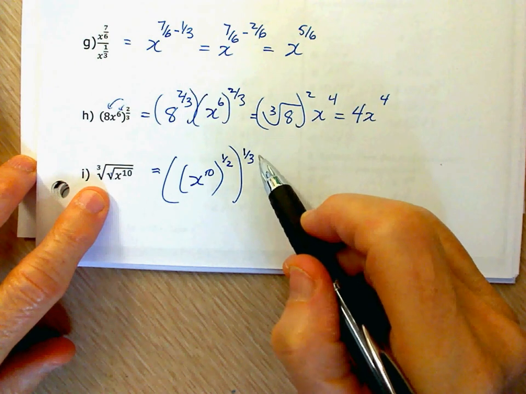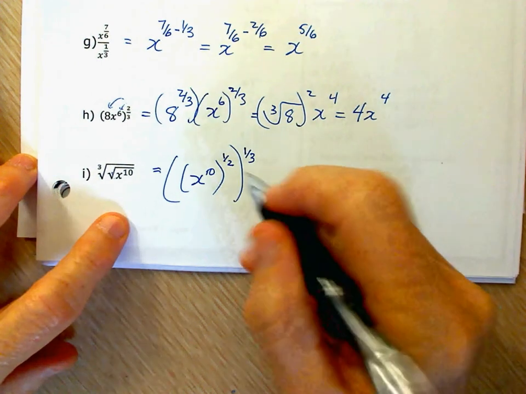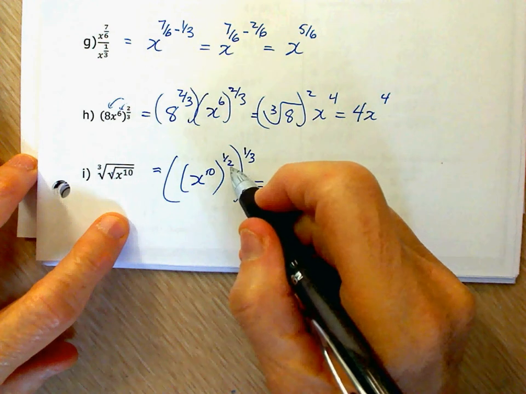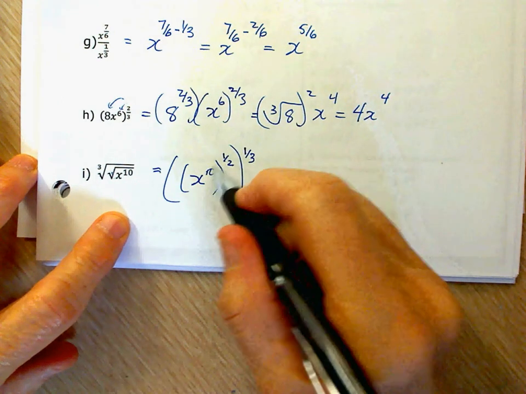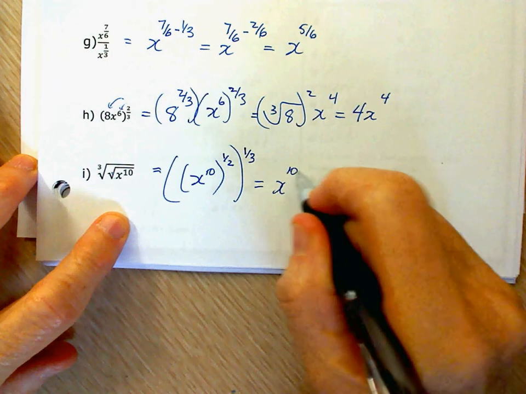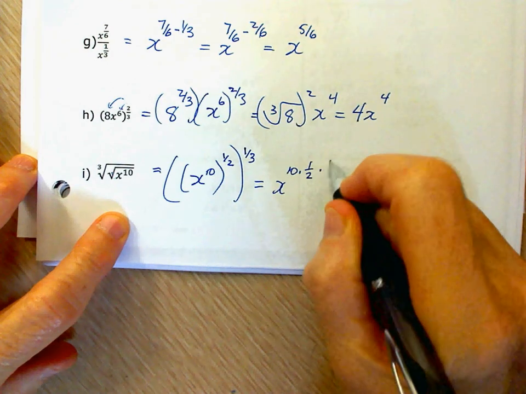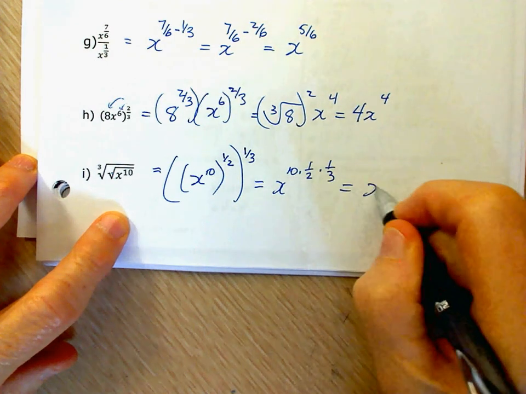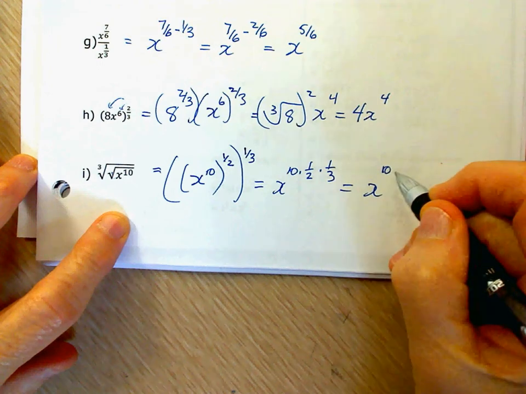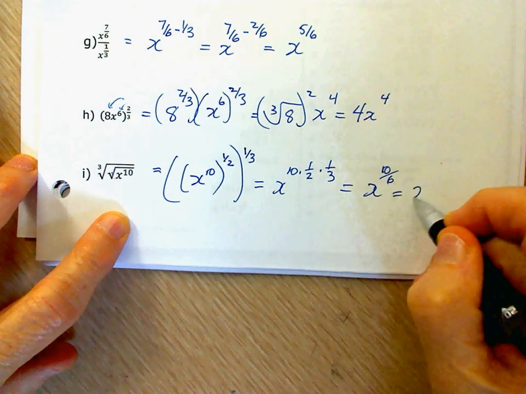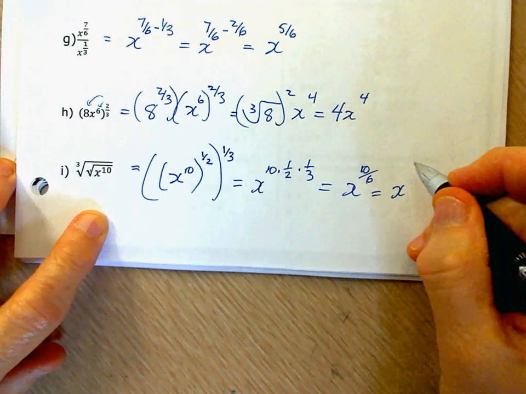So it's just x to the 10 times a half times a third. And that's x to the 10 over 6. Reduced to lowest terms always. That's 5/3.